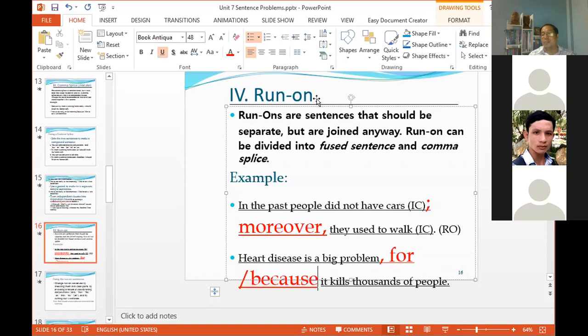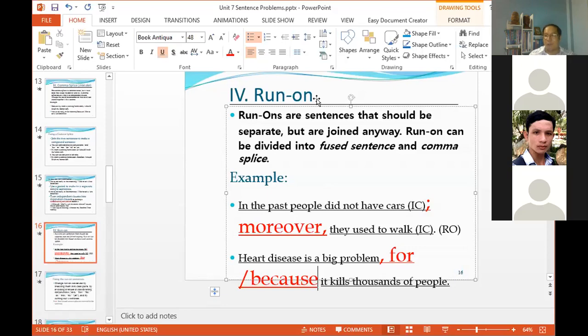If you use a comma to join two sentences, we call it comma splice. If we join two sentences together without any punctuation at all, we call it run-on.